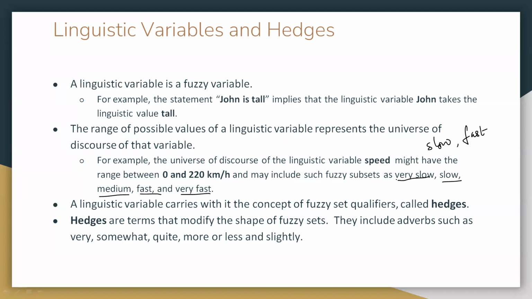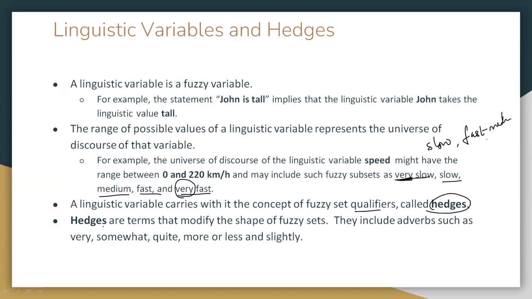But there are possibilities like adding terms such as very slow, then you may also add medium, and you can also add very fast. So the term very is added to the existing values. If a linguistic variable carries within it fuzzy set qualifiers, then we call it a hedge. So what we are talking about in this slide is linguistic variables as well as hedges.